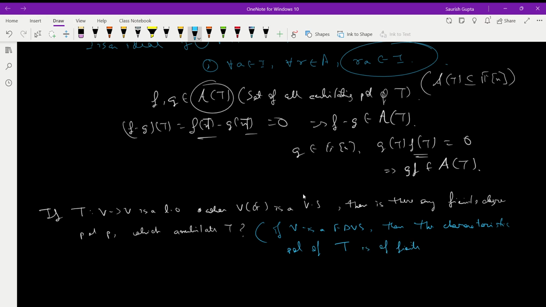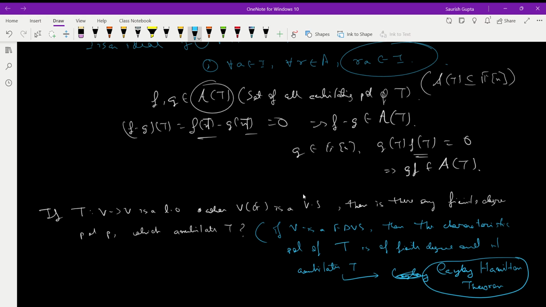If V is a finite dimensional vector space, then the characteristic polynomial of the linear operator T is of finite degree, and it annihilates T. This is called the Cayley-Hamilton theorem.